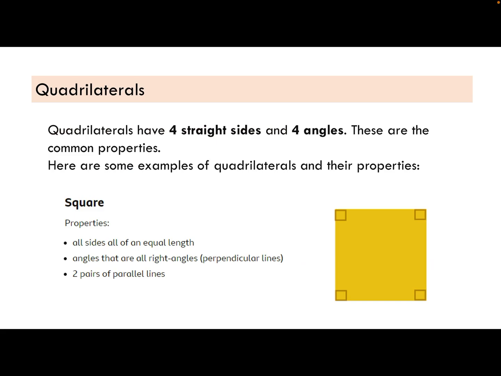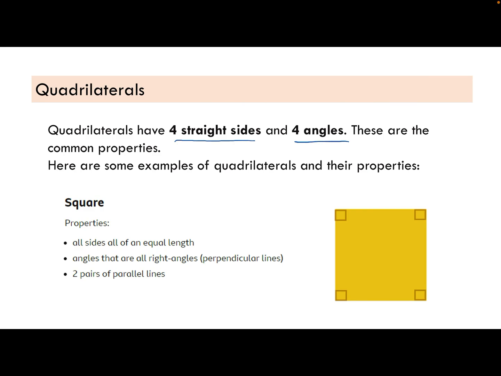So we're looking at quadrilaterals. So we know quadrilaterals have 4 straight sides and 4 angles. These are the common properties of all quadrilaterals. Now, they may not always be the same size sides or the same size angles, but it will have 4 angles and 4 straight sides. So some examples of quadrilaterals is a square, which is going to be your most common one.